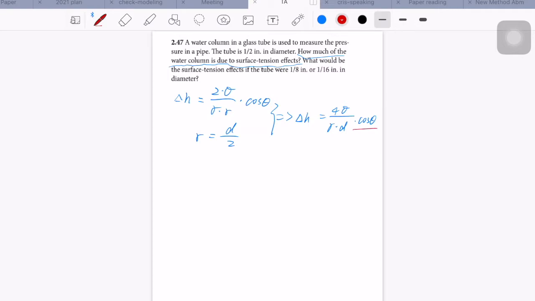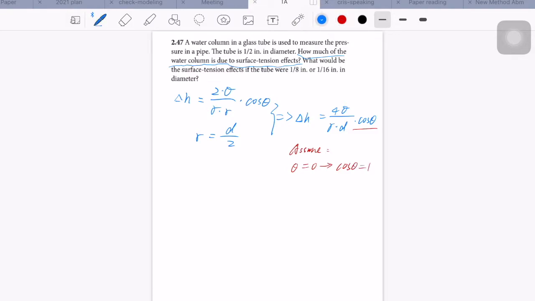For cosine theta, for the case of water inside a clear glass tube, we assume that theta equals 0, so cosine theta equals 1.